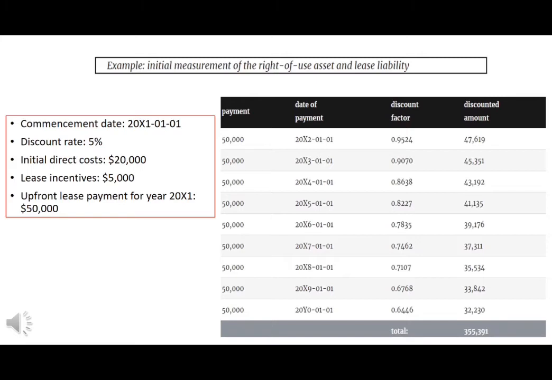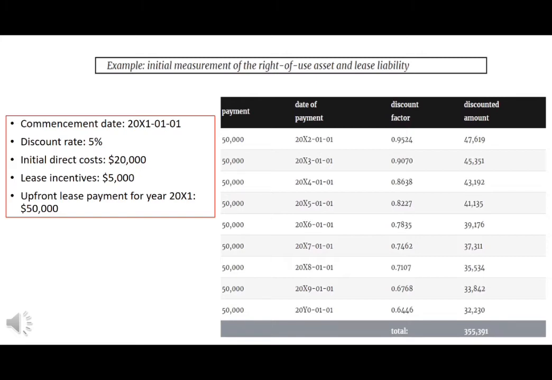The columns are payment, date of payment, discount factor, and discounted amount. The payment will be the same every year, which is 15,000. The discount factor will be different in each year. The discounted amount is the payment times the discount factor. For example, for the first year, 15,000 times 0.9524, and we will get 47,619.